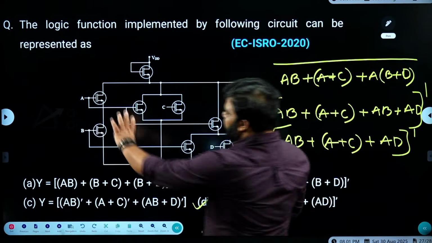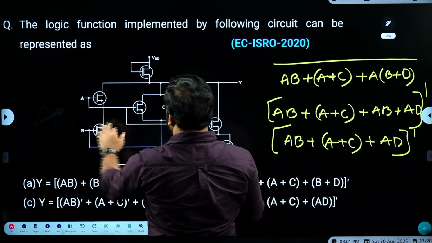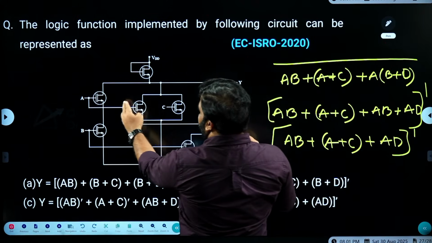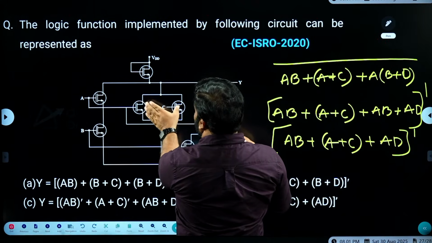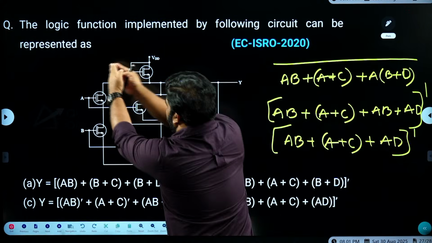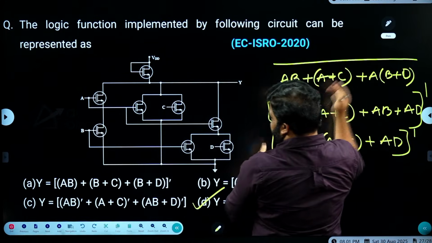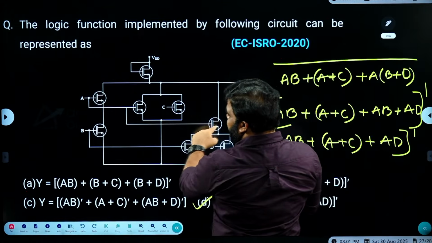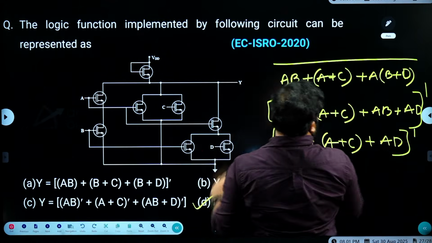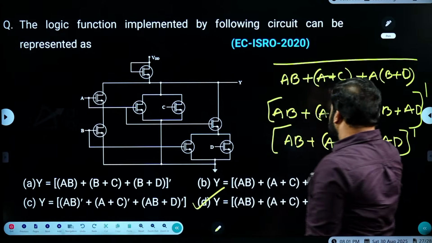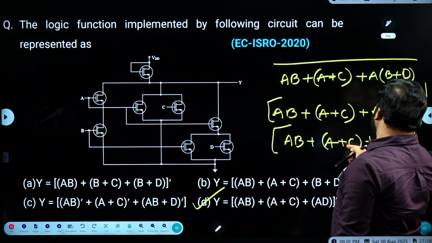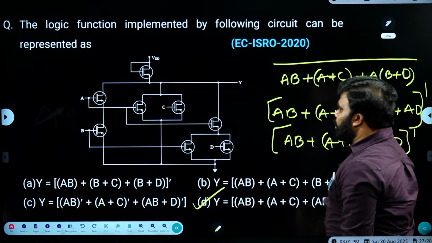Observing correctly, A and B are in series, and here we have A plus C, because these two are in parallel, and this network is in parallel with this. So plus A plus C, and here we have A, and here B plus D, A and with B plus D. If you simplify, it is AB plus A plus C plus AD whole bar.